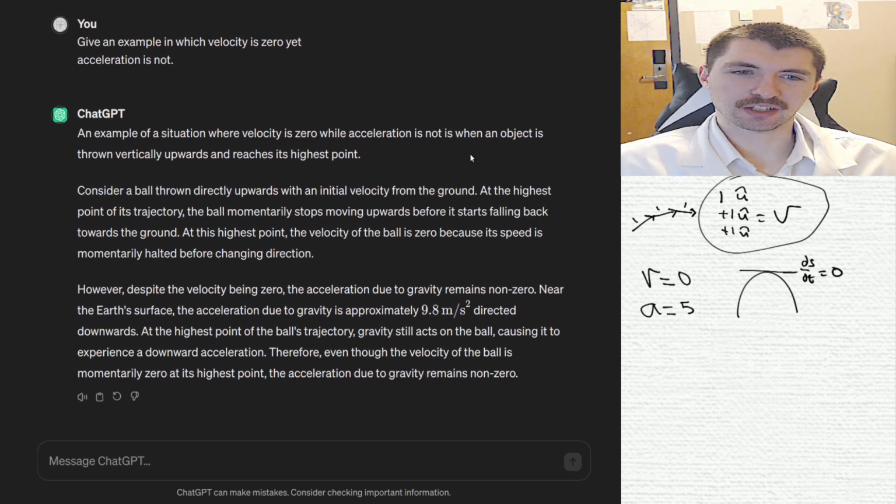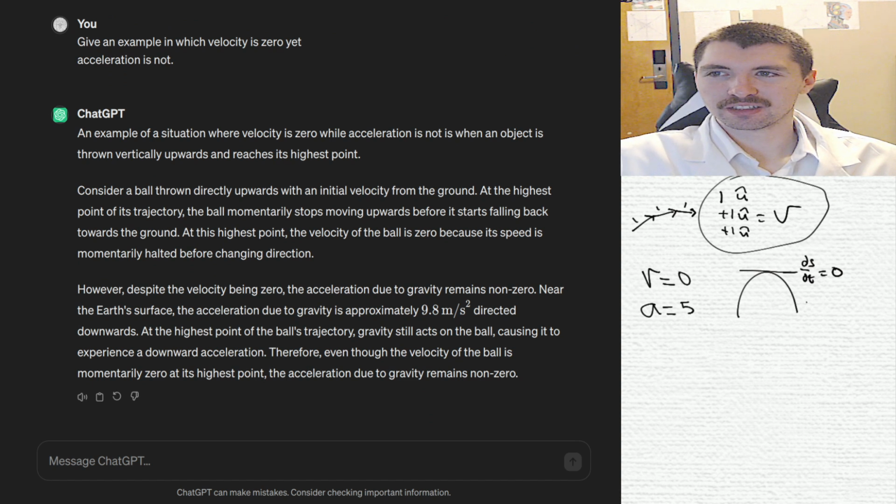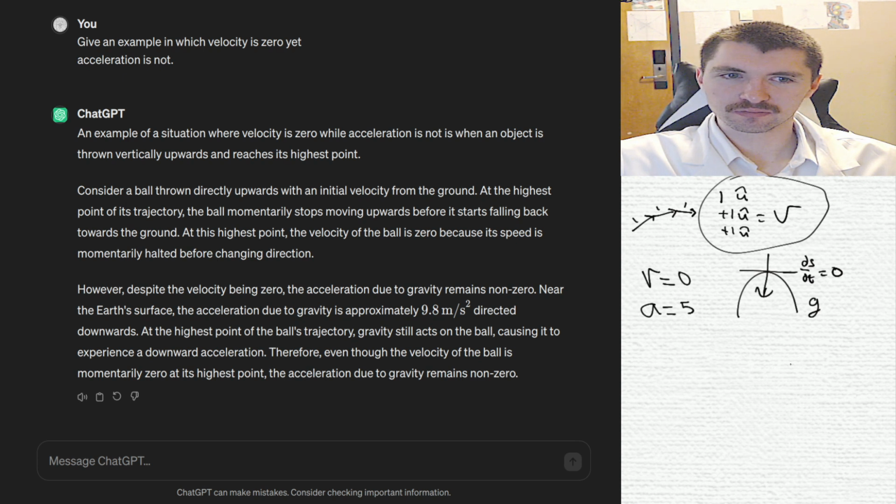Okay, but you're saying it's still getting the effect of gravity. Gravity's still existing here. Okay, so I guess that makes sense.